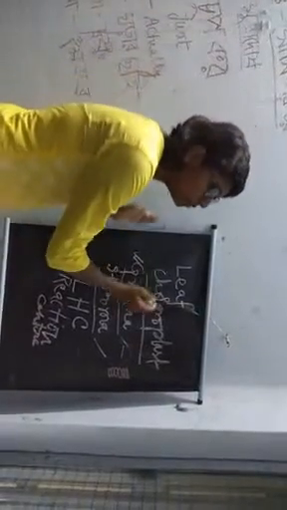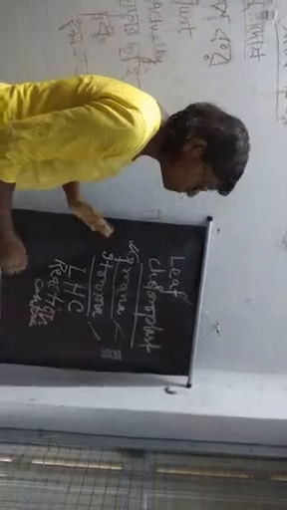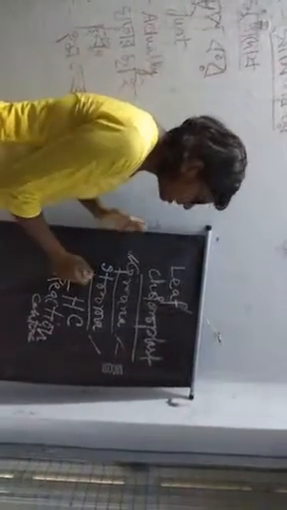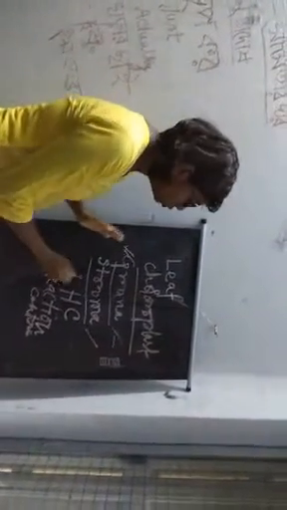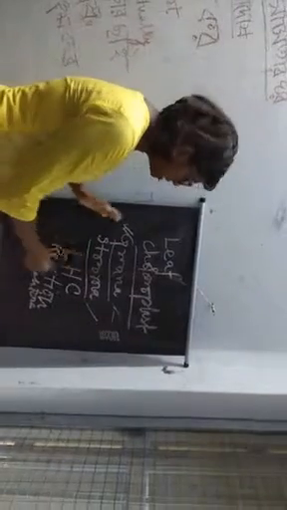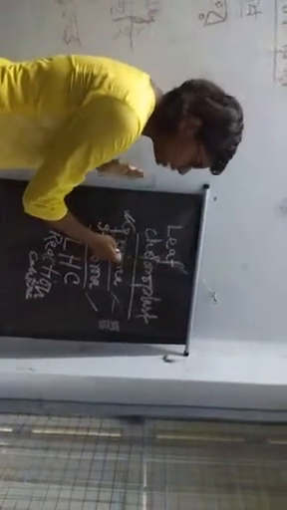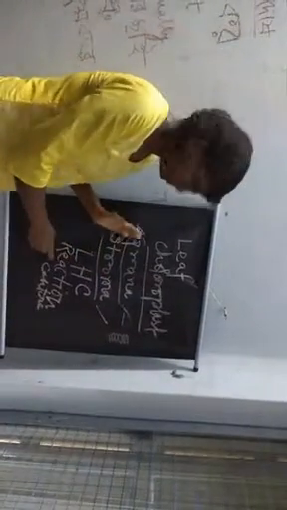There is a particular wavelength of light that plant chlorophyll absorbs. What is that particular wavelength? That is the red and blue wavelength of light, where plants perform their most photosynthetic activity.